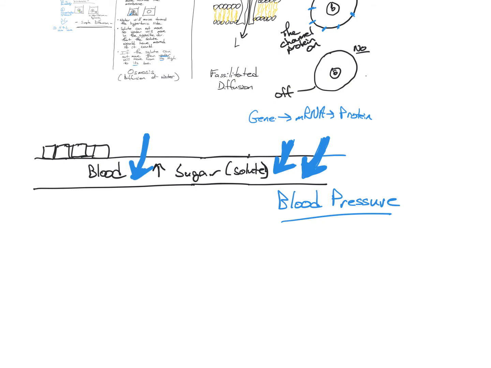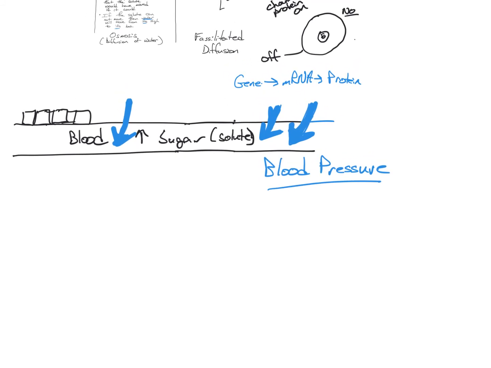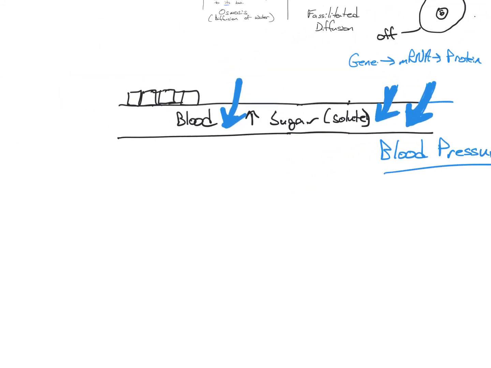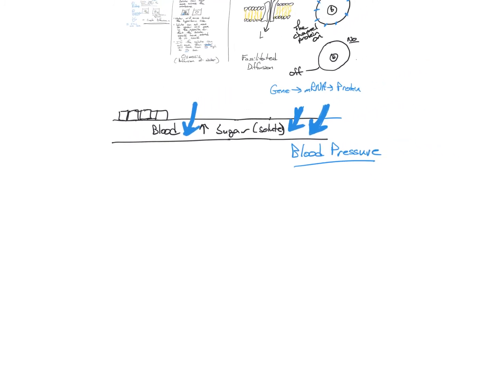It needs a helper. And diabetics don't have that helper easily available to them. Is that clear? So we call that an increase in blood pressure. Could cause embolisms. It can cause nerve damage. It can cause blindness, circulatory problems. All kinds of things happen. So it's really, really bad.